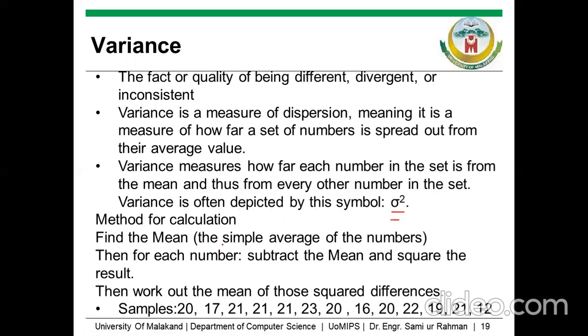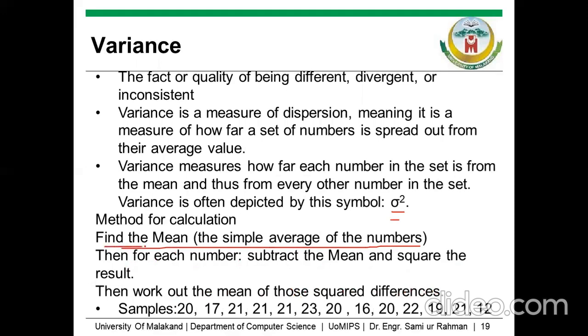And how do we calculate the variance? So find the mean, the simple average of the numbers, and then for each number subtract the mean and square the result. And then work out the mean of those squared differences. So again, here we have these different steps.